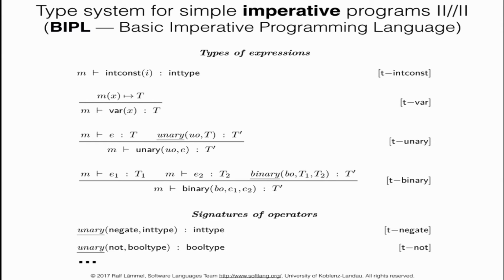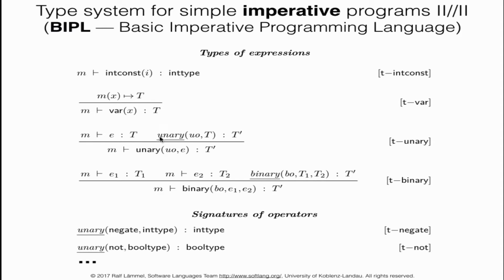Okay, so here's also the second part of the type system for imperative programs. This is about the types of expressions. This is pretty straightforward. So basically an integer constant is of int type, and a variable is of the type that is assigned to the variable in the type assignment.